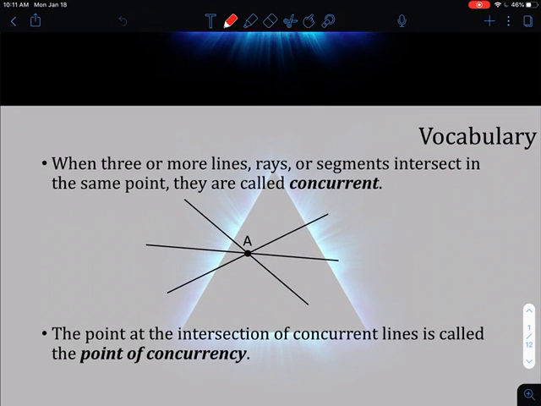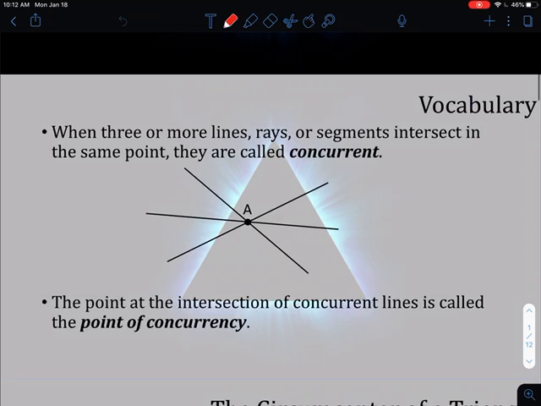So the first thing we'd start with is a quick vocabulary term, which is concurrent, or this point of concurrency. That's a term you're going to see used throughout the sections here. The definition: when three or more lines, rays, or segments intersect at the same point, those lines are called concurrent.